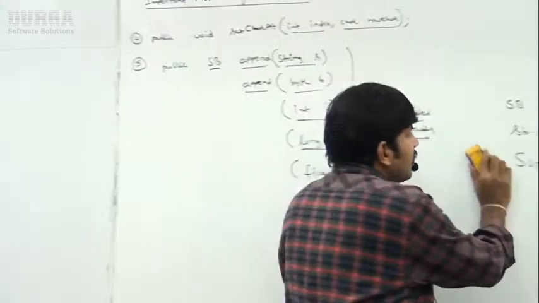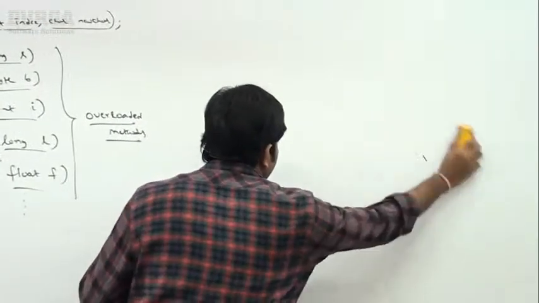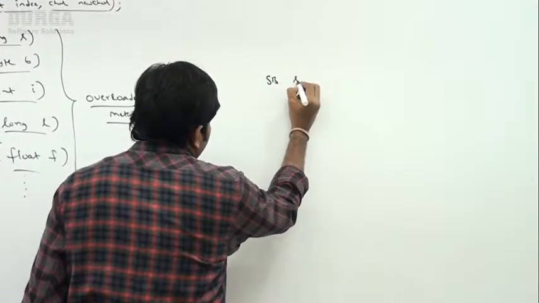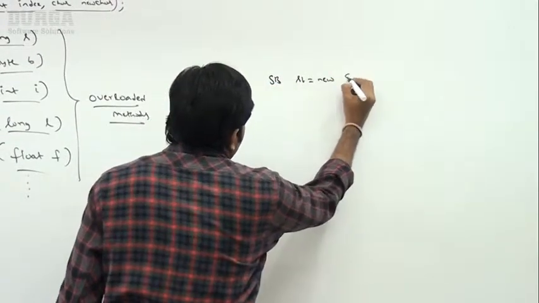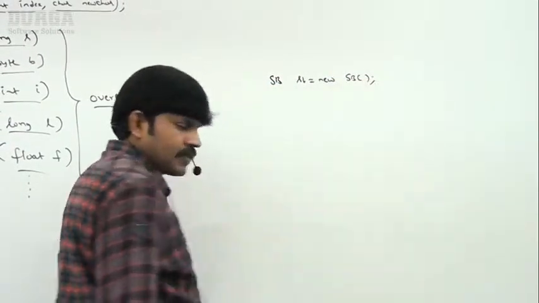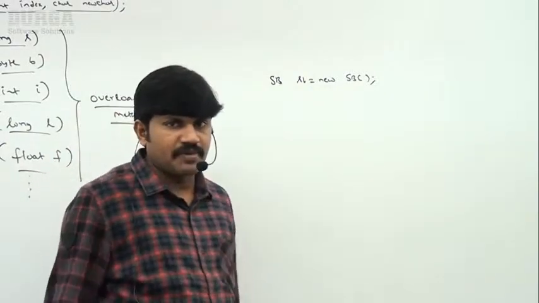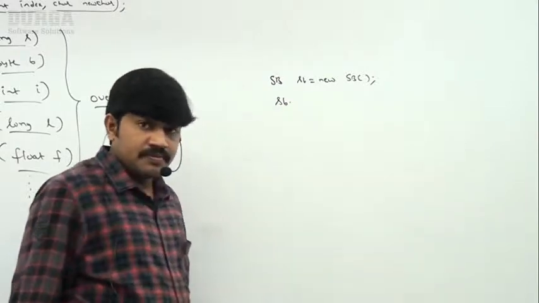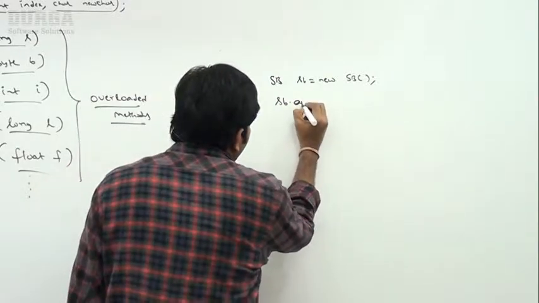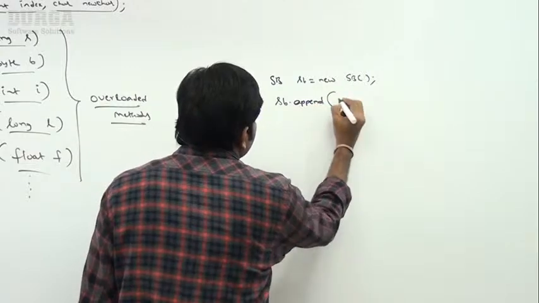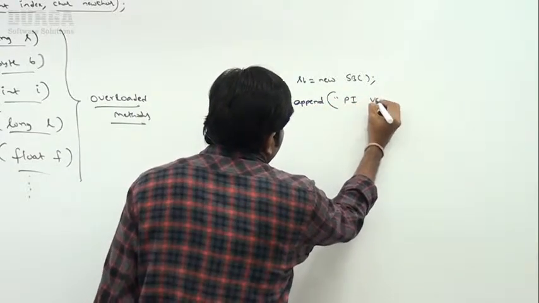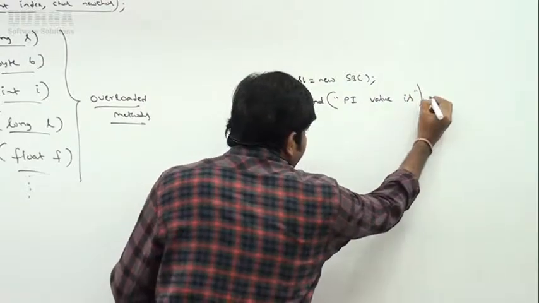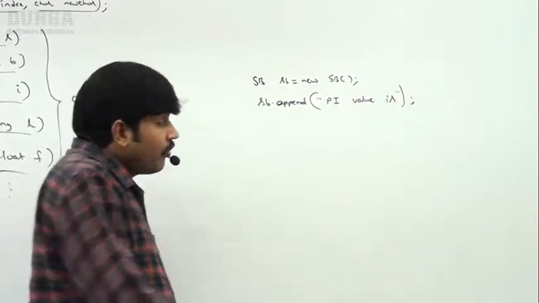Okay? Here, a very simple example. I'm taking StringBuffer SB is equal to new StringBuffer. I'm not passing anything. Sir, SB.append of "pi value is". What is this one?